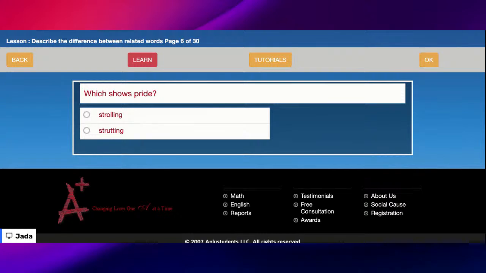So which one shows pride? Come on, guys, your answers. Which one here shows pride? Which one? Is it the first or the second?